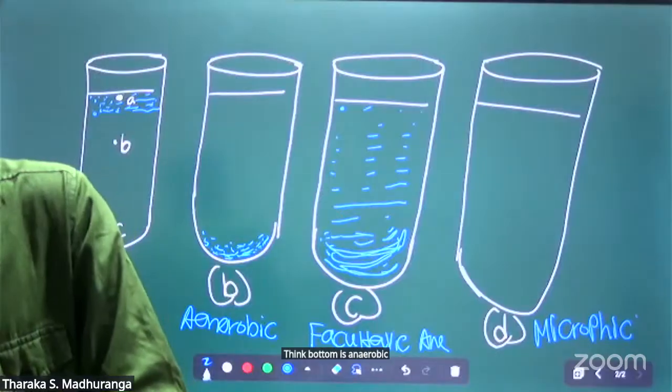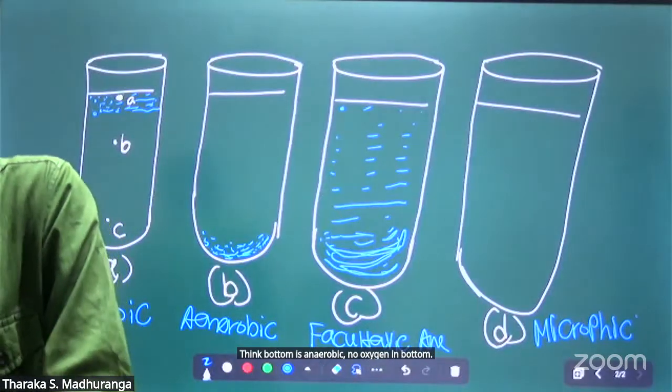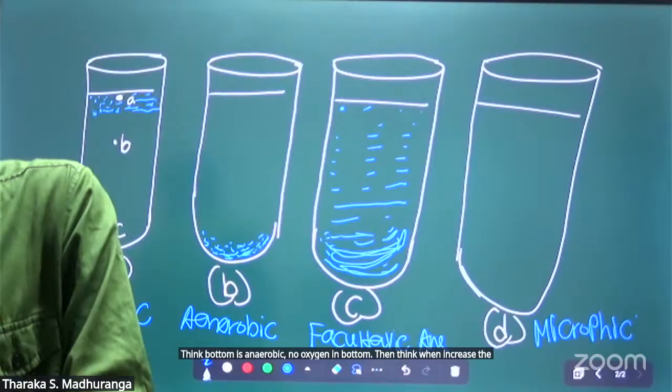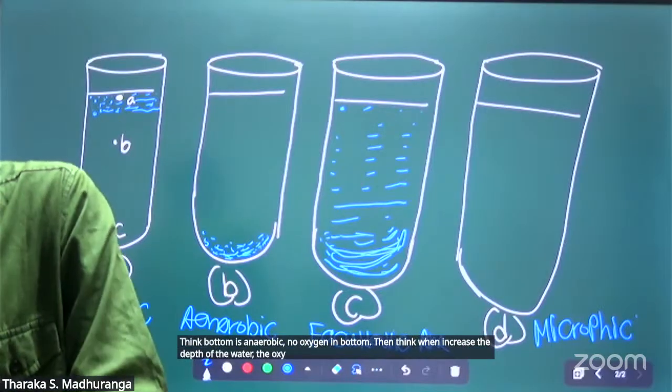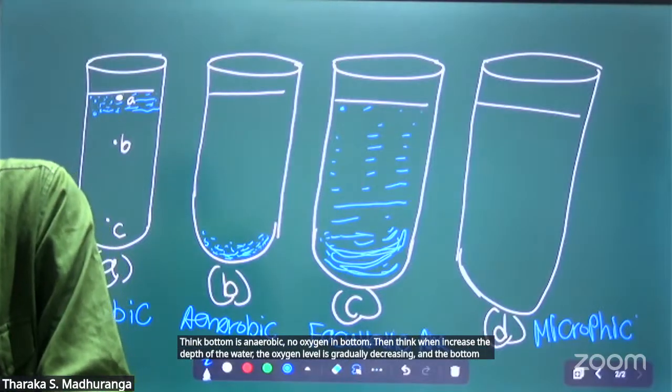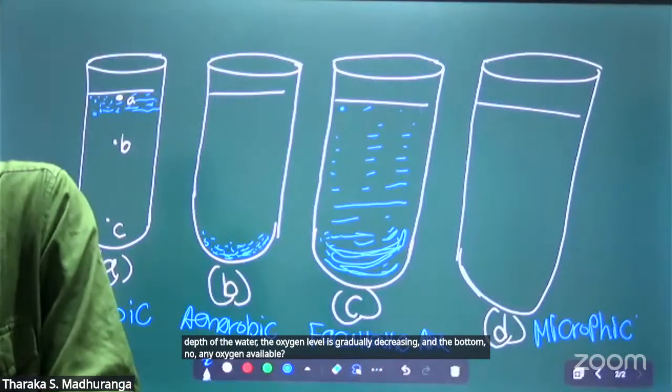When the depth of the water increases, the oxygen level gradually decreases, and at the bottom no oxygen is available.